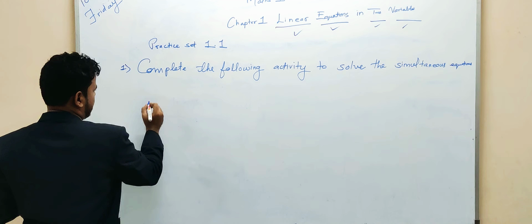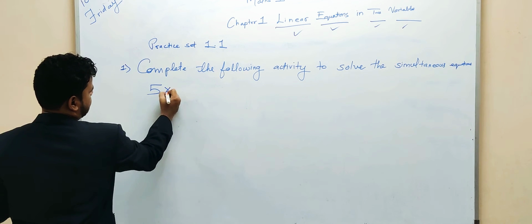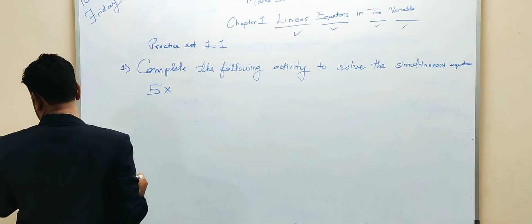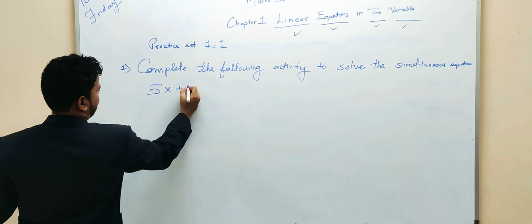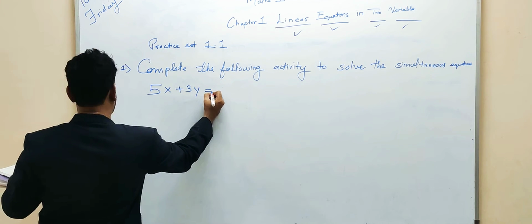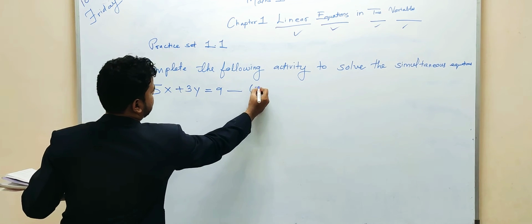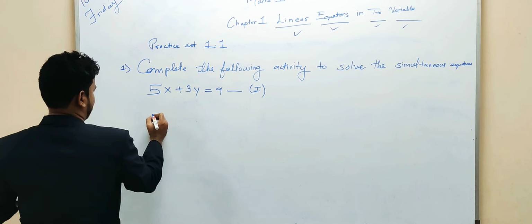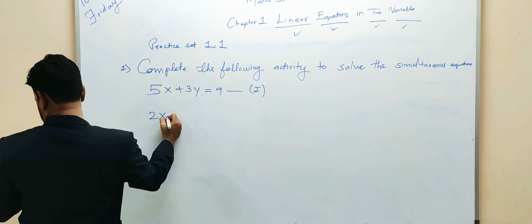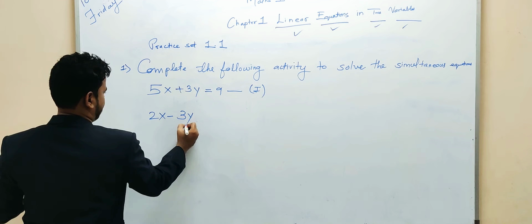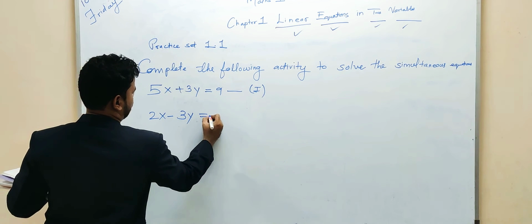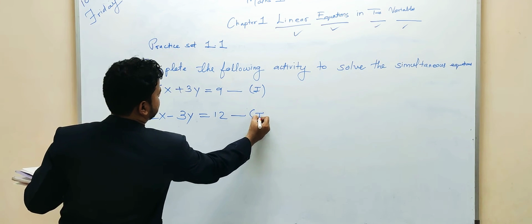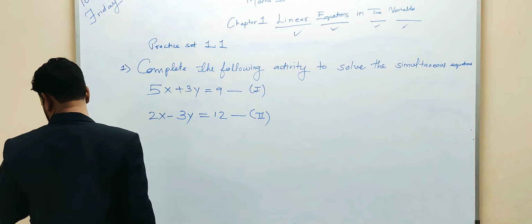So we'll write down the example. This is our first linear equation in two variables, 5x plus 3y is equal to 9. It is given as equation 1. And the next one is 2x minus 3y is equal to 12. So this is equation 2.